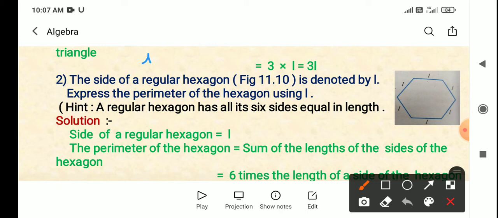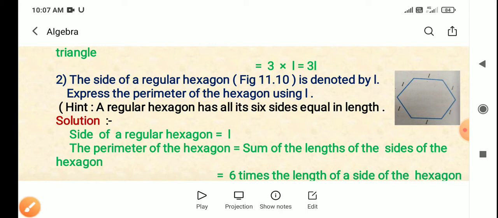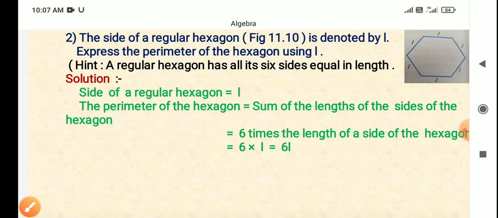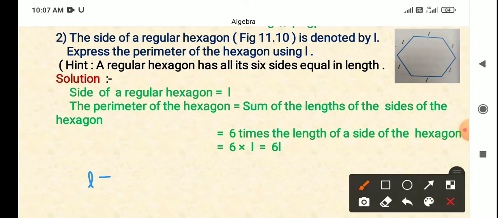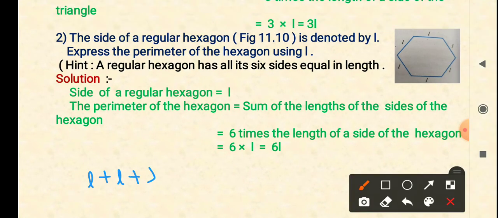So here we write L plus L plus L plus L plus L plus L. How many times is L repeated? 1, 2, 3, 4, 5, 6. 6 times.